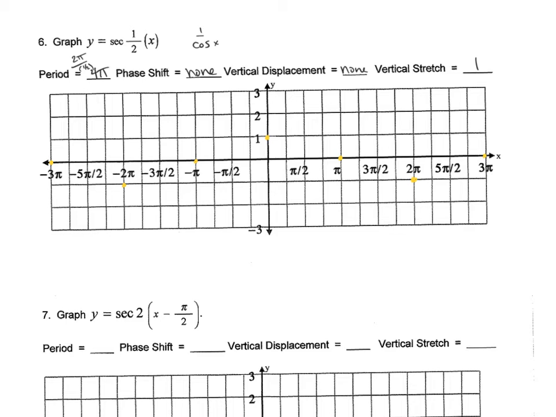And now we have our key points from cosine, so we can use our zeros from cosine to draw vertical asymptotes for secant. Okay, and now my third step is to draw U-shapes, and what was a local maximum becomes a local minimum, and what was a local minimum becomes a local maximum.